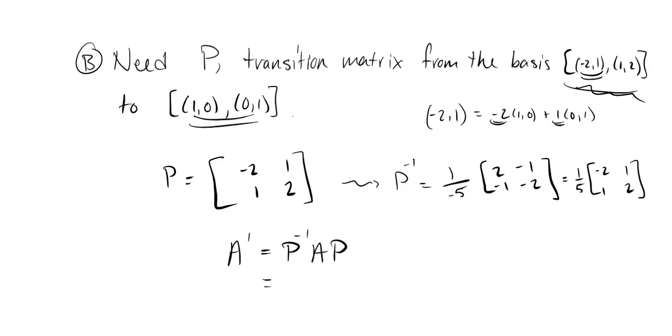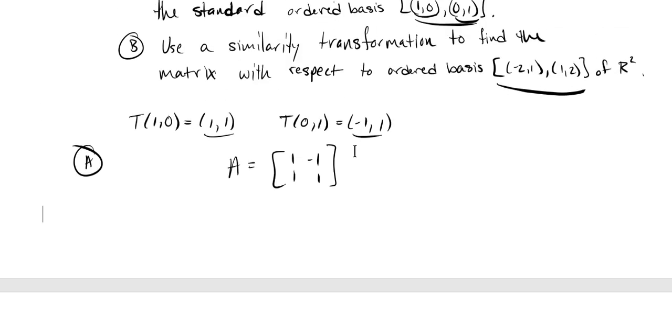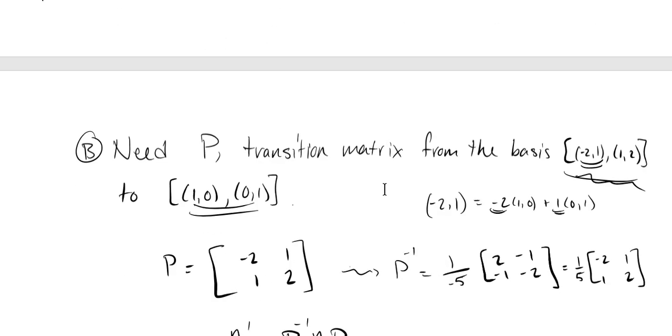P inverse AP, right? That's what we need to get this matrix representation with respect to the non-standard basis. All that is 1/5 times negative 2, 1, 2. That's P inverse. A, 1, negative 1, 1, 1.